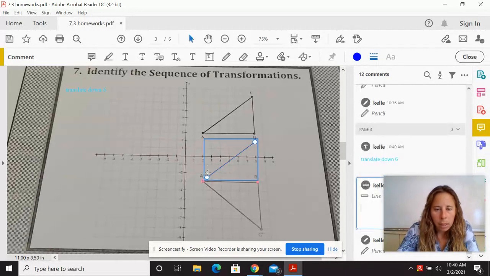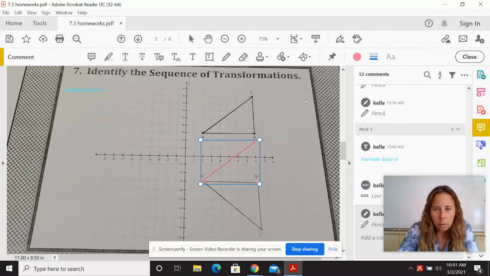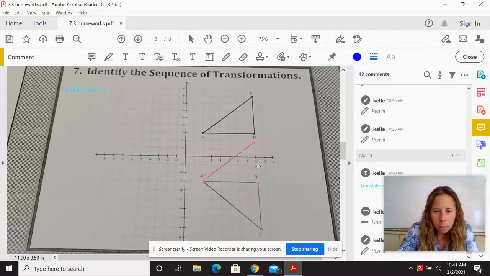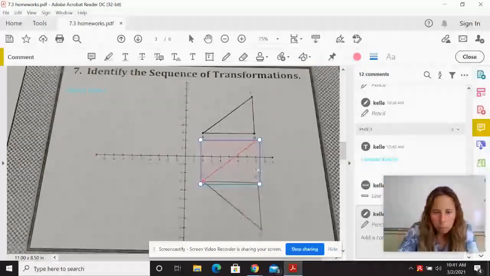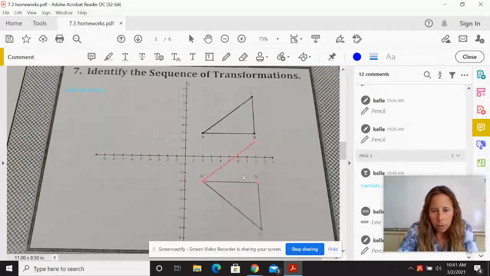Let me connect my lines. Cooperate. There we go. There's one of them. Oh, yes, you will let me put a line there. I'm not remotely close to my other line. I don't understand this program.